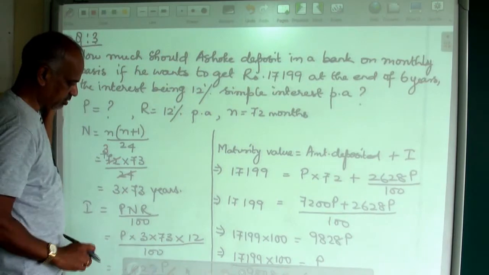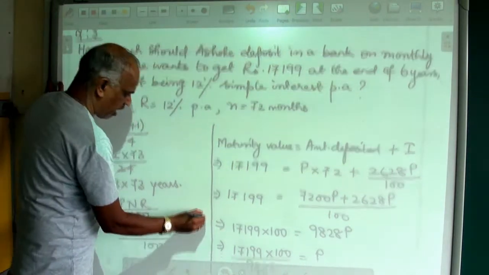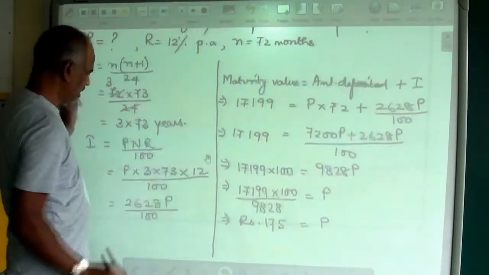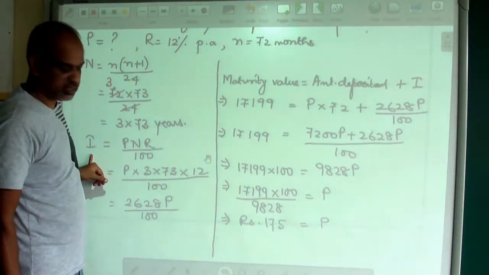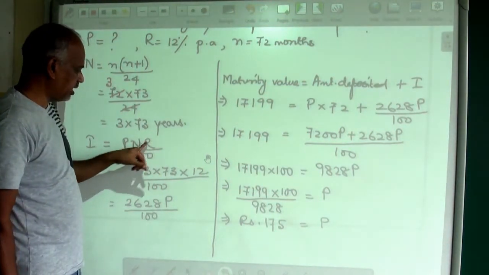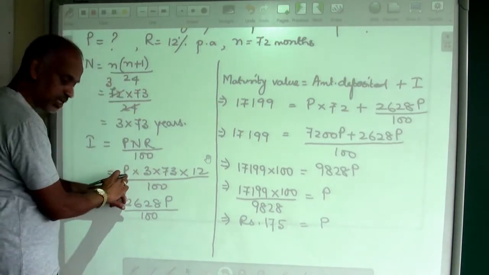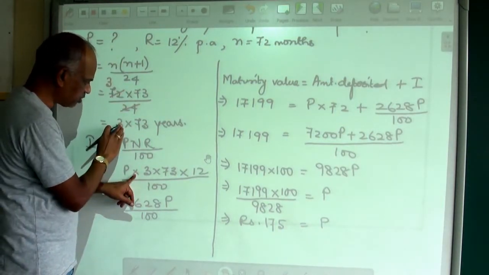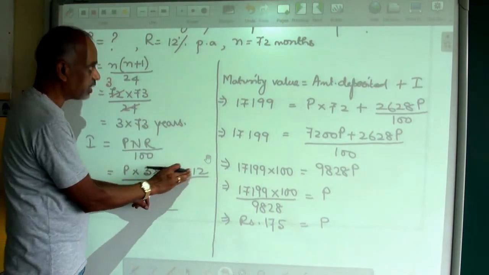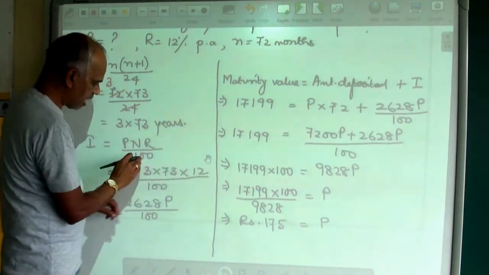You found capital N. Next, you have to find capital I. Interest is given as PNR by 100. Principal, you don't know. So P into N value is 3 into 73 into rate given was 12 by 100.